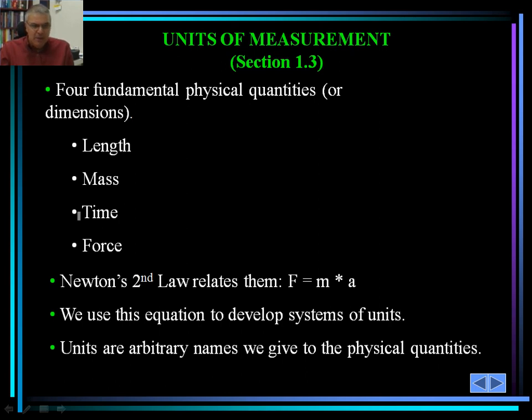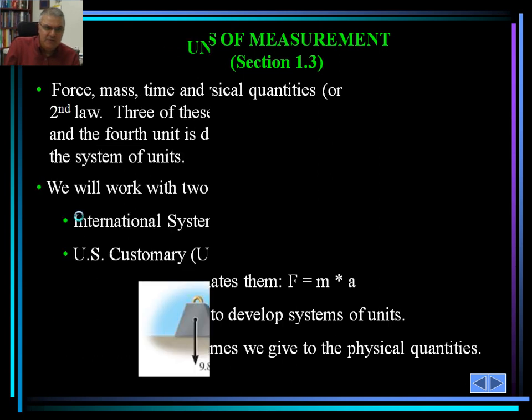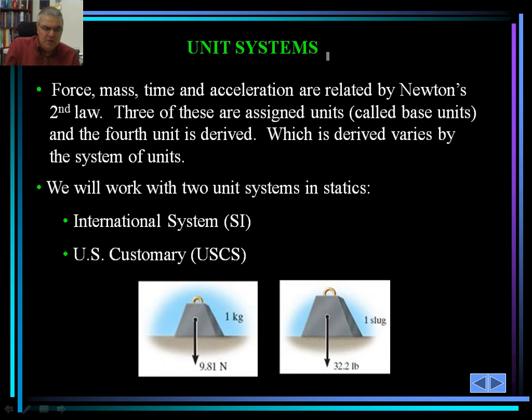We use this equation to develop our system of units, and we would try to stay consistent as far as the units are concerned. The two main unit systems we are going to use are SI and USCS, the US Customary System of Units. In both systems, we have different units. Force, mass, time, and acceleration are related by Newton's second law.